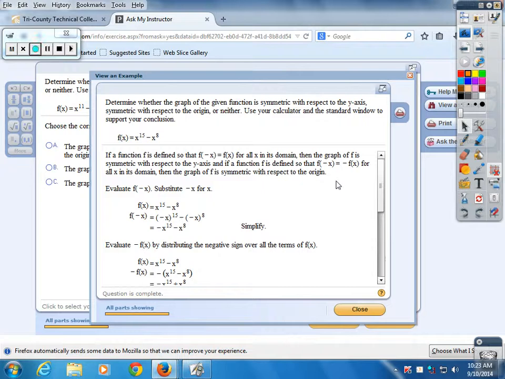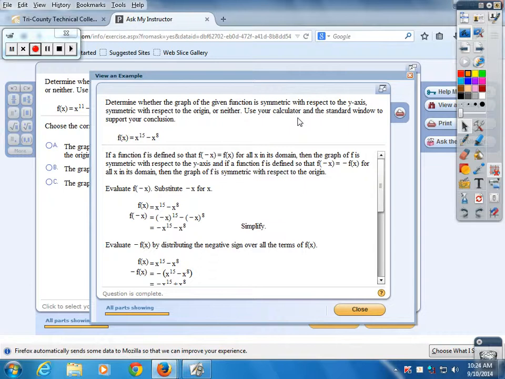So we've got to check to see if f of negative x is equal to f of x. And then we got to check to see if f of negative x is equal to negative f of x. That's what you got to do. So, when you're checking symmetry, first you check to see if f of negative x is equal to f of x.